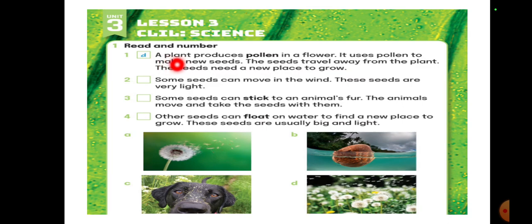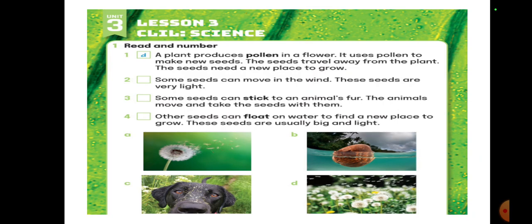Number 1. A plant produces pollen in a flower. It uses pollen to make new seeds. The seeds travel away from the plant. The seeds need a new place to grow.